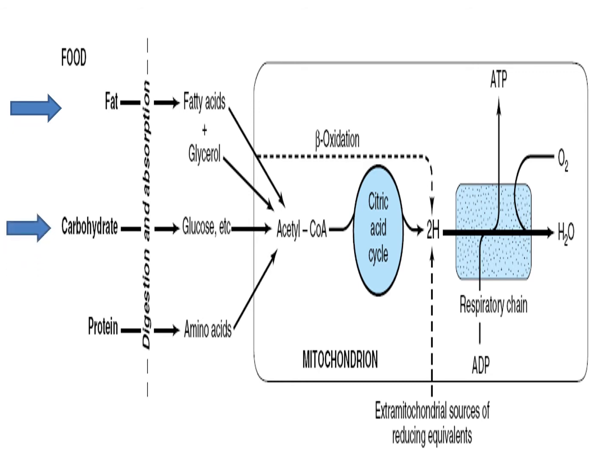Carbohydrate is converted into monosaccharide, mainly glucose, and protein is converted into amino acids. All these are metabolized into acetyl-CoA, which enters the Krebs cycle for complete oxidation into carbon dioxide and water.